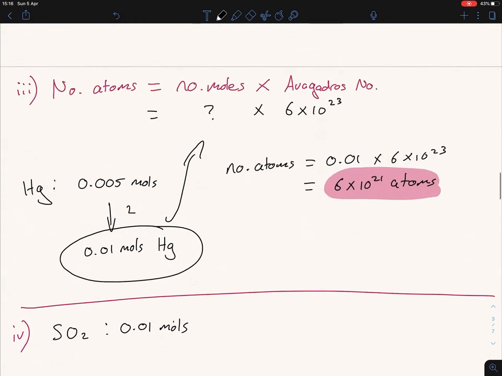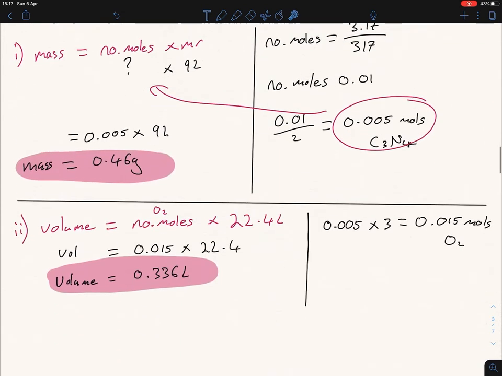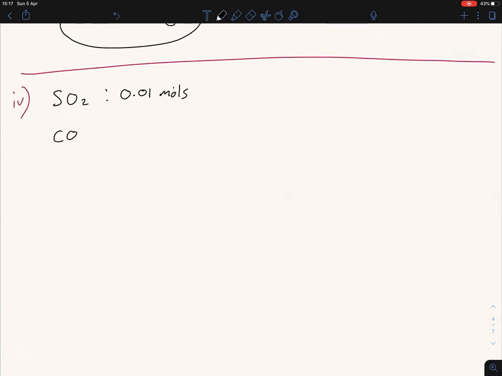Because it's like we have over here 2:2, 0.01, 0.01. Let's come over here to the carbon dioxide. So CS2, if we're looking at it, is 1:1. So this is normal for carbon dioxide. So CO2 there is going to be your 0.005 moles.